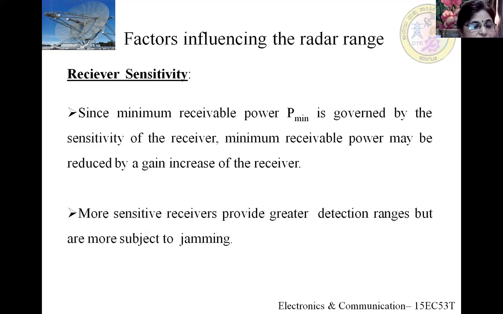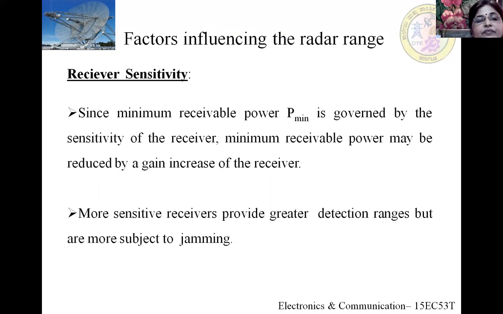Next, we have the receiver sensitivity. Ample time must be given between the pulses for an echo to return from any target located within the maximum workable range of the system. Otherwise, echoes returning from the more distant target are blocked by the succeeding transmitted pulse.